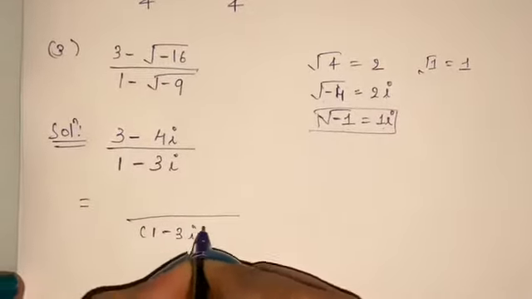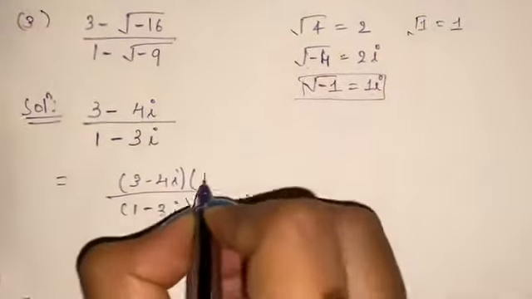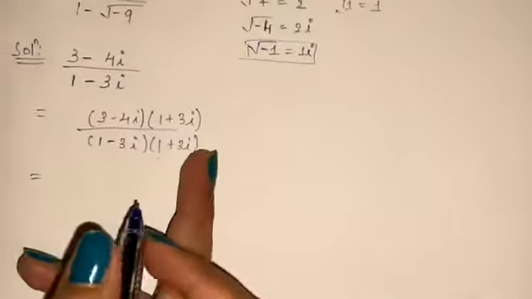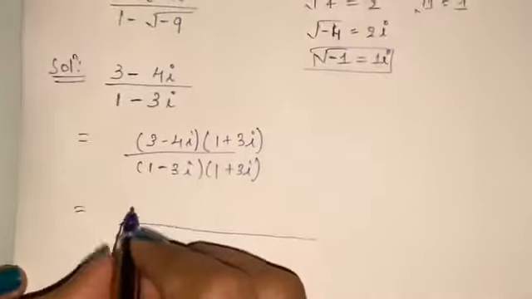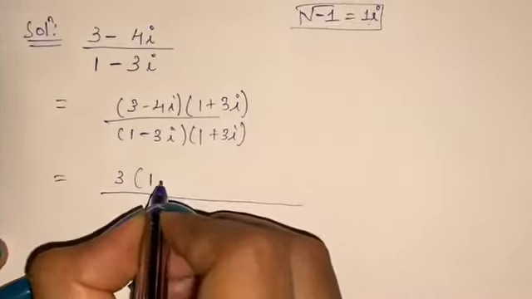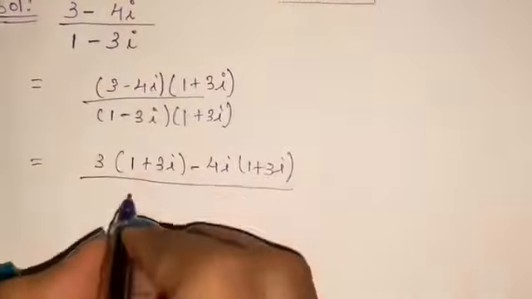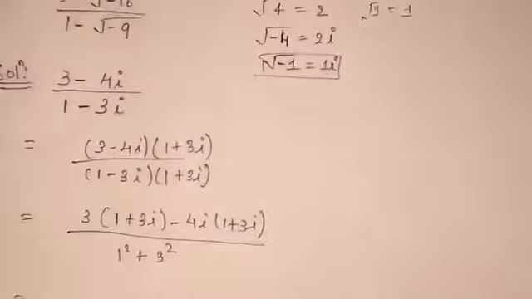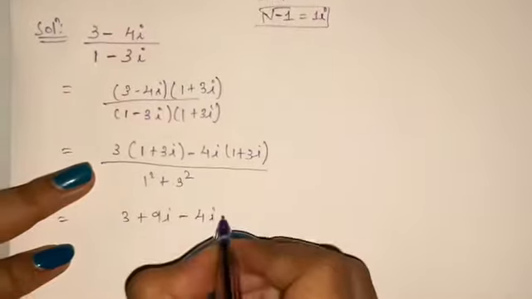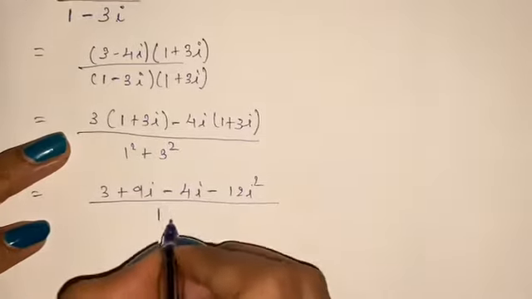Multiply by (1 plus 3i) in numerator and denominator. (3 minus 4i) into (1 plus 3i) is equal to, now I will give simple multiplication also here, so you can do, if you don't remember the formula AC minus BD, like this also: 3 plus 3 3s are 9i minus 4i minus 4 3s are 12i squared, divided by 1 squared plus 3 squared, that is 1 plus 9.